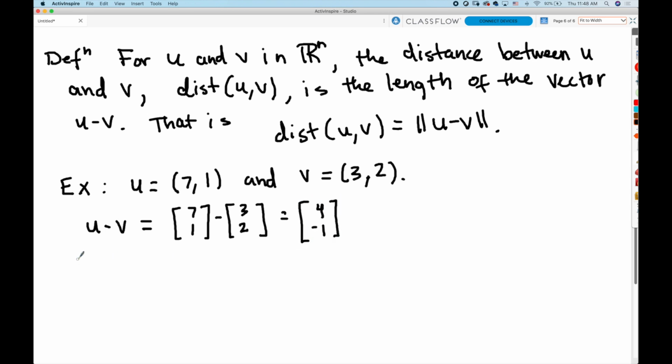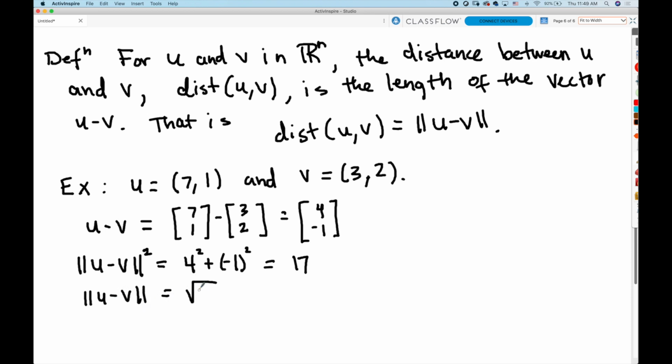Let's find the length of u minus v. The length squared is 4 squared plus (-1) squared, so that's 16 plus 1, which is 17. So the length of u minus v is the square root of 17.